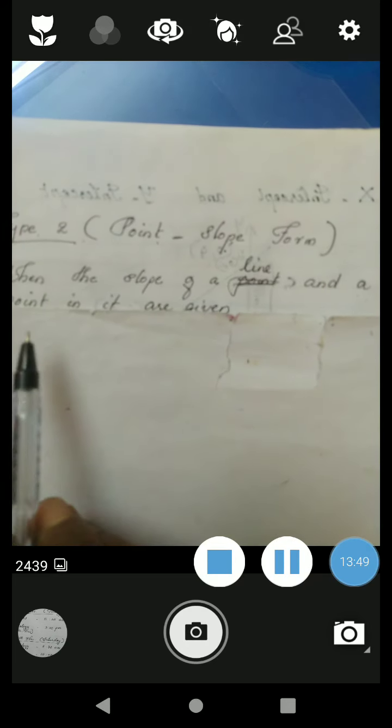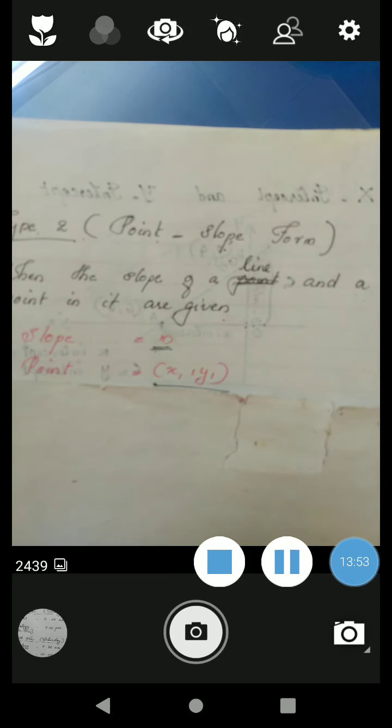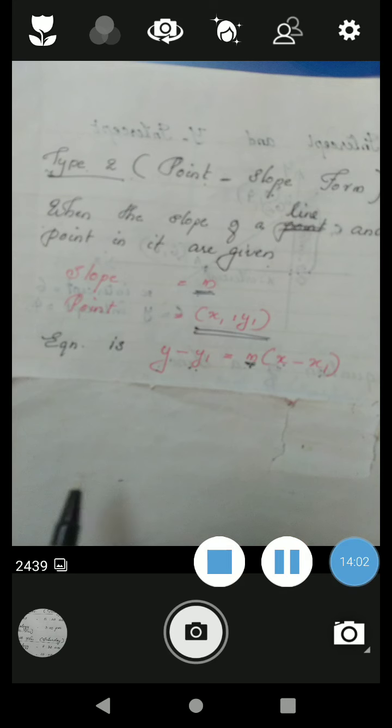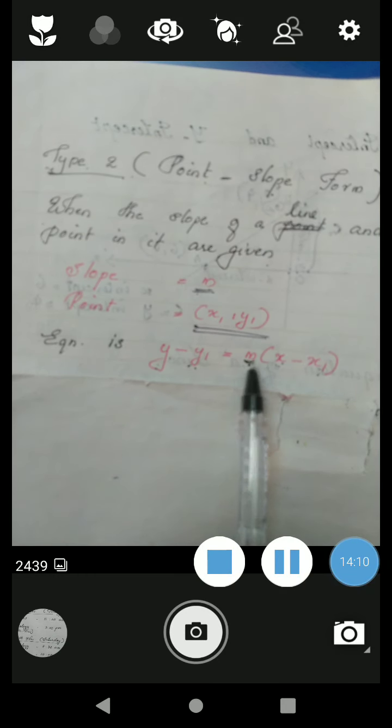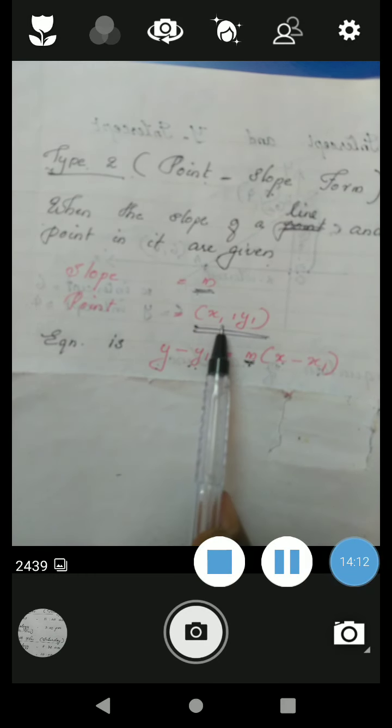When the slope of a line and a point on it are given, slope is m and a point on that line is x1 y1, then the equation is y minus y1 is equal to m into x minus x1, where m is the slope, x1 y1 is the point.